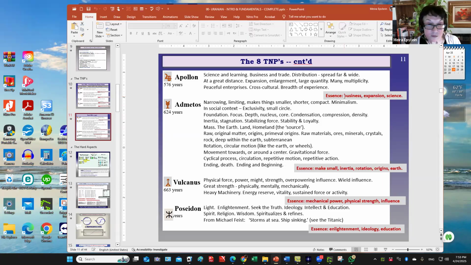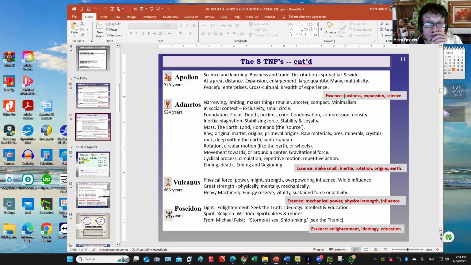Apollon was the god of the arts as well. So it's very fitting to have this name for this trans-Neptunian Apollon. So you see that even the Greek mythology is still in the name itself. You don't think about it, but it's there, just in the name.